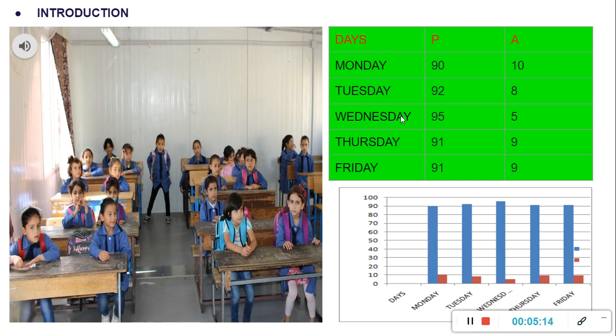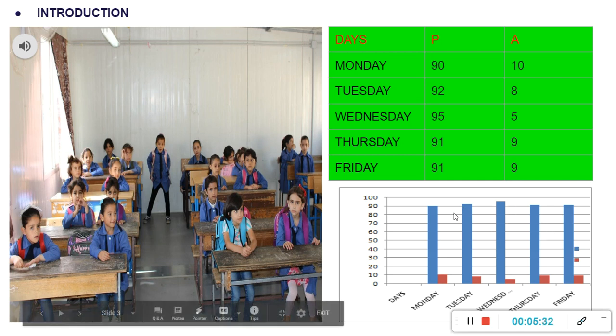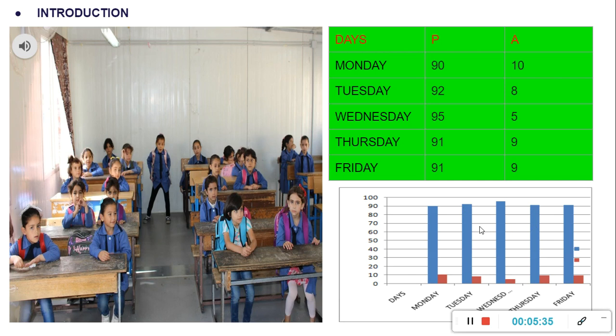In the first one, you need to look at the data for each row, and then analyze which is the minimum and which is the maximum. And in the graph, you just have a look at the picture and, looking at the height of the bars, you can say which is the minimum and which is the maximum. So representing data in the form of a graph makes it easier to understand, analyze and interpret, and that is why we talk about graphs, isn't it?